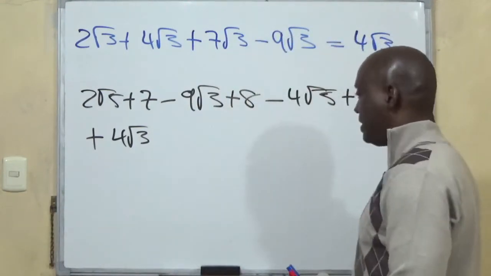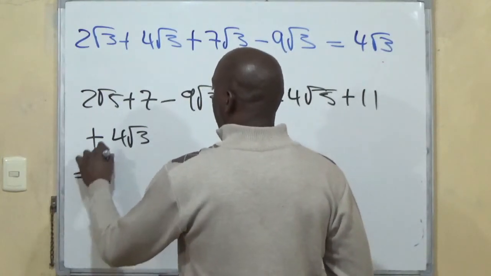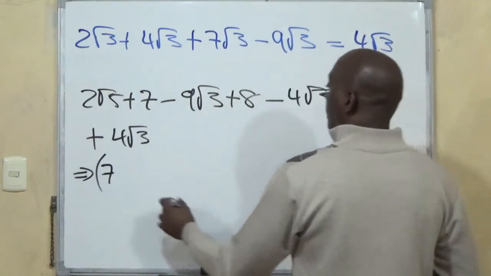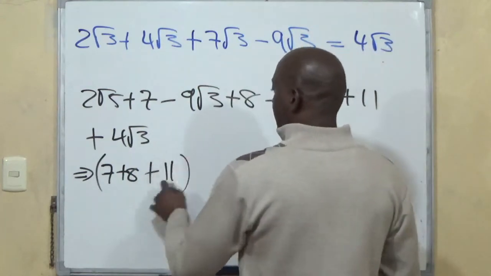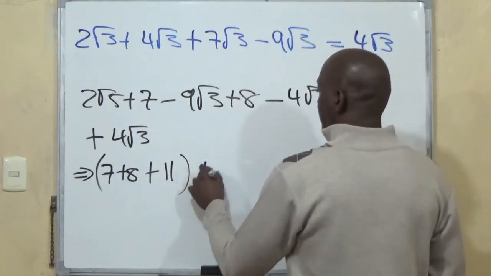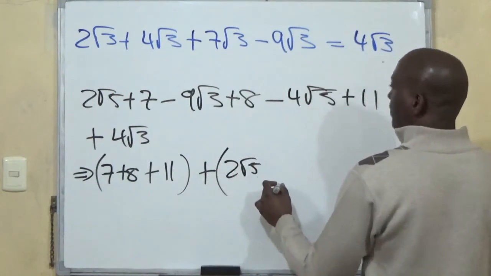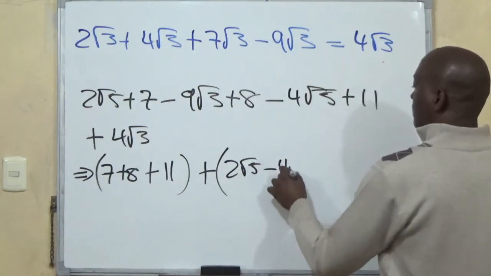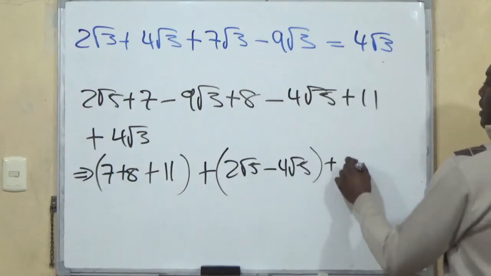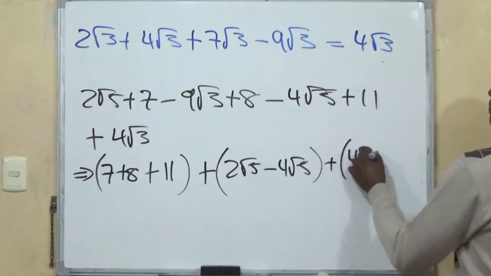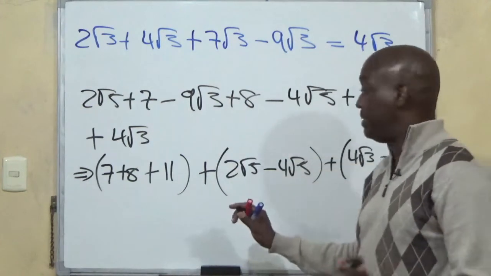So if we have to do this, for example, we would get, let me start with the integers, right? You got 7, I'm putting everything in brackets there, 7 plus 8 plus 11, that's the integers, plus brackets 2 root 5 minus 4 root 5 plus, let me say, 4 root 3 minus 9 root 3. Yeah? I put the 4 in front of the 9 just for simplicity.